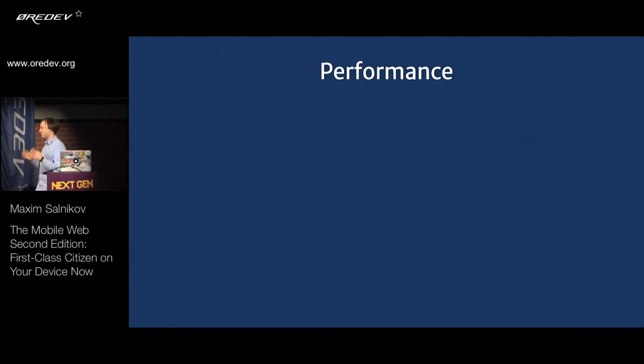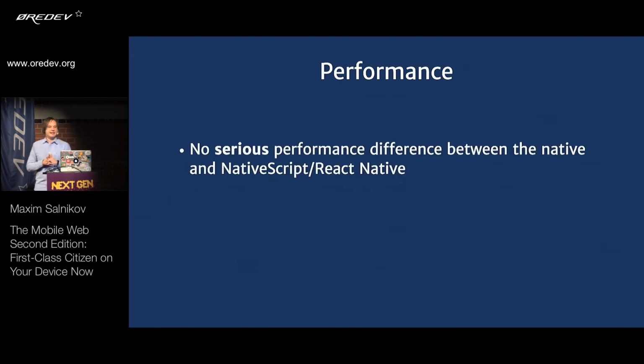So let's have an assumption that for all next points, we have the best possible code for each specific platform and use case. Then we can say that there is really no serious performance difference between truly native applications and the ones using the JavaScript-to-native approach. After all, all of them are truly native.